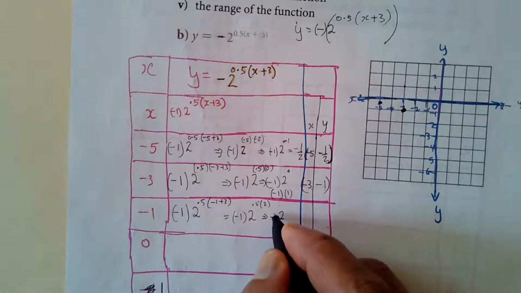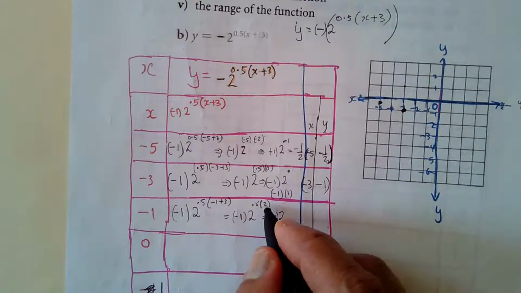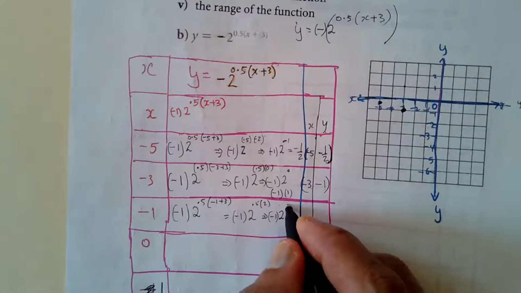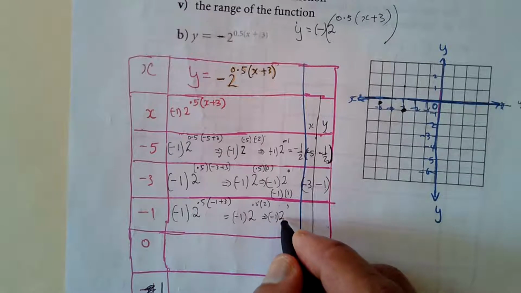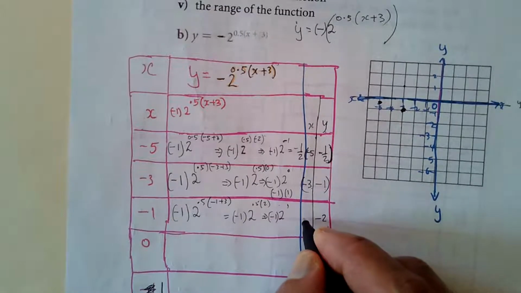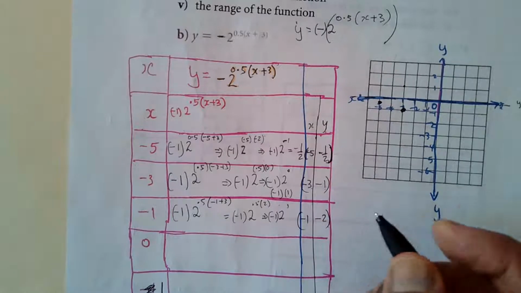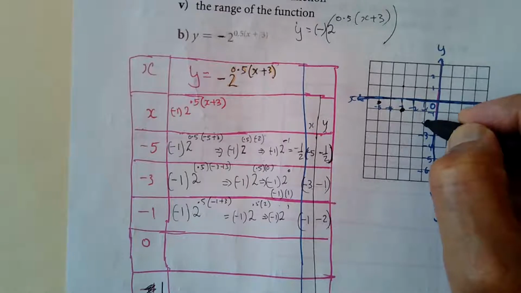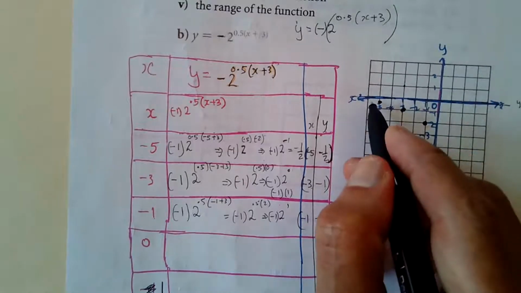Now 2 squared gives us 4, so -1 times 2 will give us -2. So this is -1, -2 here. So let's connect.